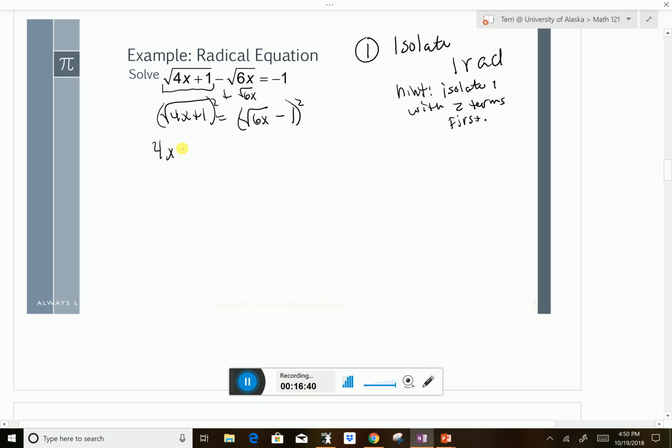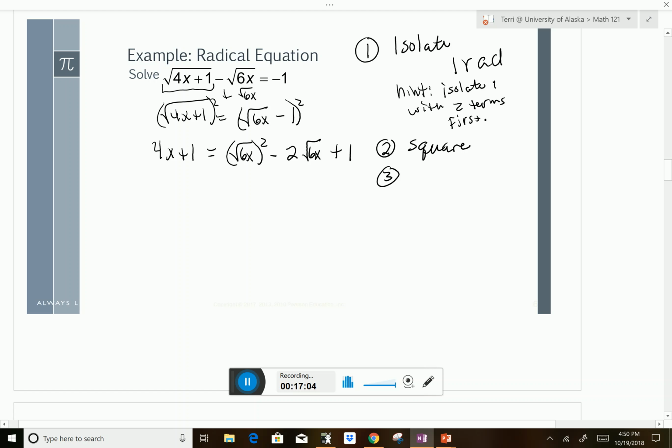We get 4x plus 1 is equal to first term squared, minus 2 times the first times the second, that's just 1, plus 1 squared. Okay, now we clean it up. That's the square step.